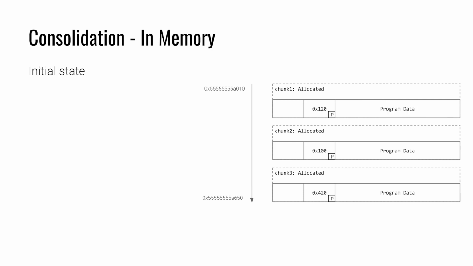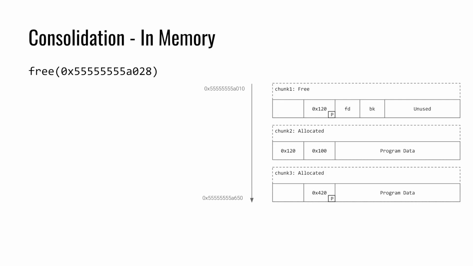We also see that the P bit is cleared from chunk 2's size. So it would have been hex 101 because the P bit would be set, and by clearing that, it becomes hex 100. But the actual size of chunk 2 is hex 100. The least significant bits there are just tracking the A, M, and P flags.